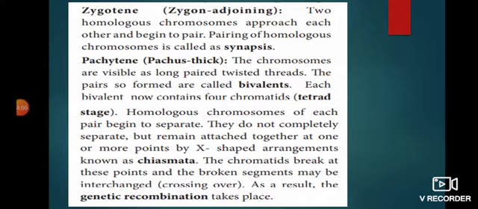This is called as crossing over. As a result, the genetic recombination takes place. The point at which chromosomes are attached during crossing over is called as chiasma or chiasmata. The crossing over is taking place in pachytene stage of prophase 1 of meiosis 1. That you have to remember.